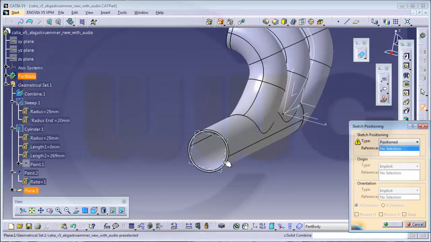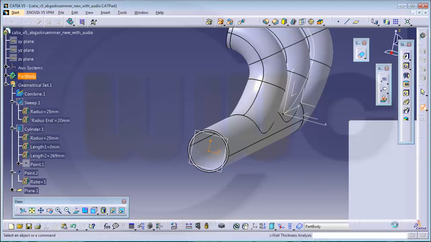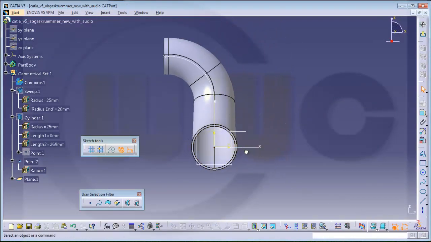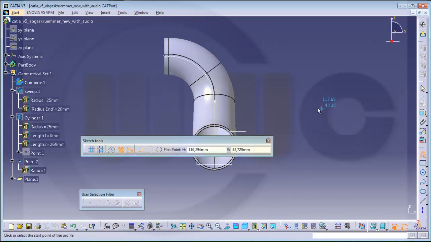Let's make a sketch on this plane. Change the direction of the H direction. Hide these elements as usual. And then I need a rectangle. Yeah.